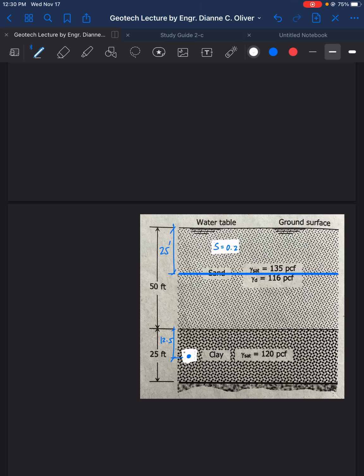So it means this is no longer a gamma sat. It means this is not a gamma sat anymore. So gamma sat 135 is no longer located here. Gamma sat is located at this 135 PCF.